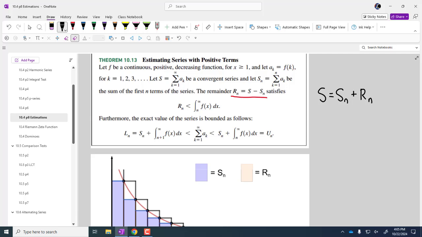The piece that's between S sub n and S. If we add up the first chunk, maybe 1,000 terms, then this part is the remainder, the tail. R sub n is always the tail, and R sub n will be getting closer to 0 if we have a convergent series, and S sub n will be getting closer to S. So you can write this algebraic equation right there.